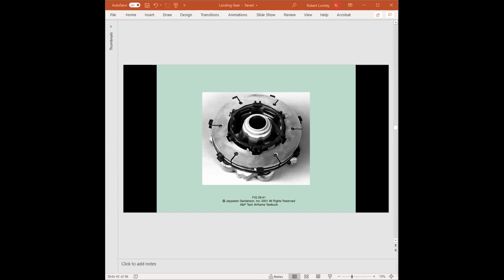Any idea what that is for? If anybody wants to speak up. Cooling, maybe? Okay. It's a good answer, but it's not the full answer. To prevent the stator from spinning, right? No, not spinning.